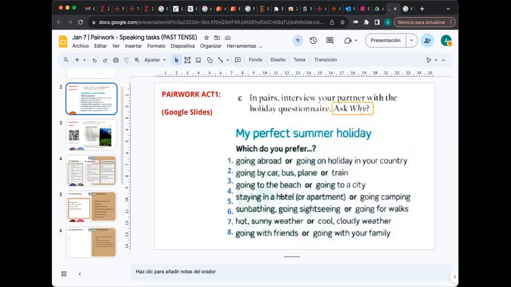Which do you prefer, hot sunny weather or cool colder weather?